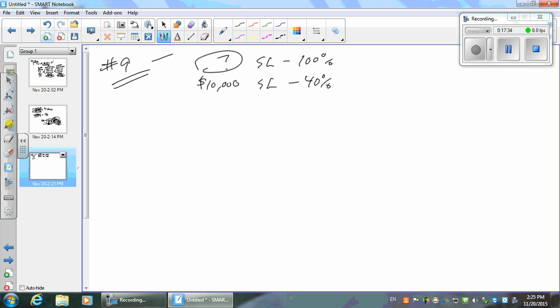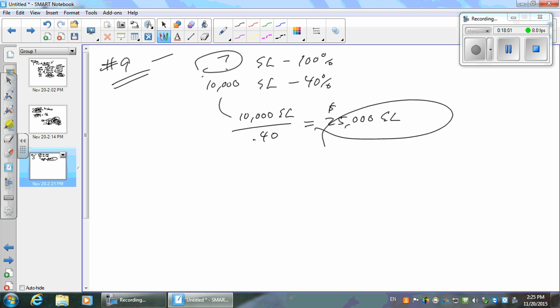All you do is take the 10,000 shares, not dollars, divide it by 0.4, and you get 25,000 shares. To make sure you did it right, you take 25,000 times 0.4, and you're back to 10,000. Everybody good?